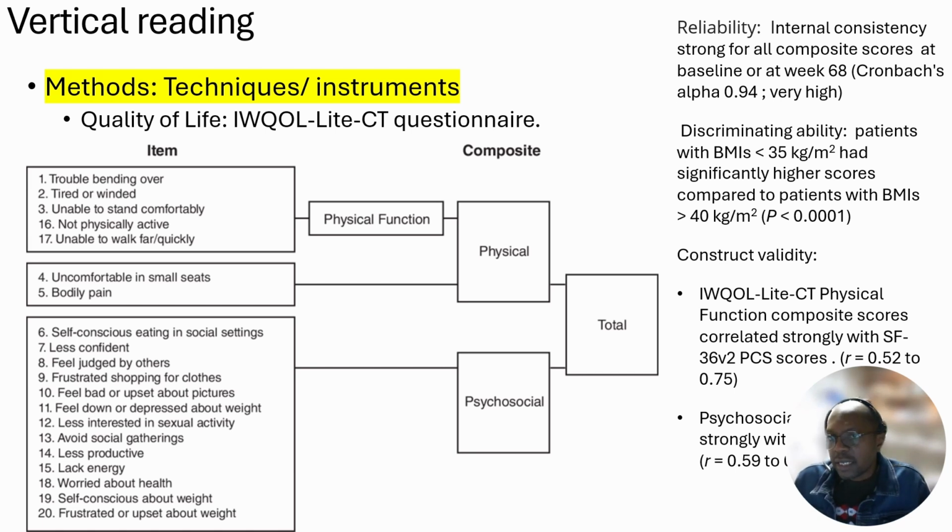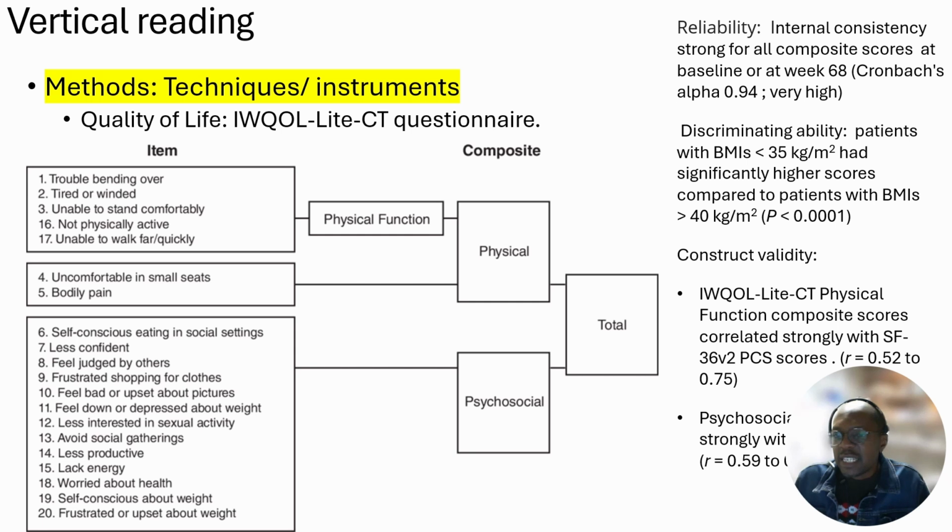I think if it's over 0.7, it's good. Theirs is 0.94. Does it have discriminating ability? That is, do people who have a BMI less than 35 have scores that are significantly different from those who have a greater BMI, versus those who are normal weight? And again, they show that it does.